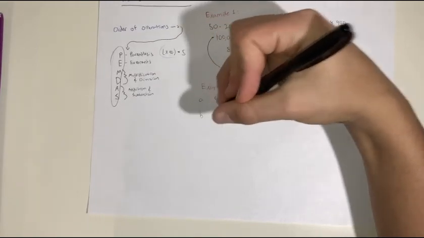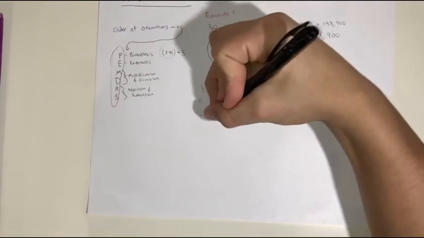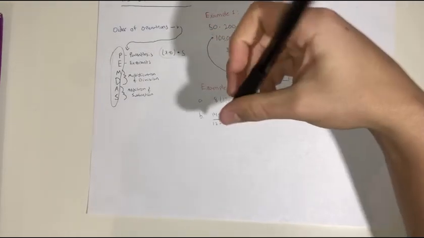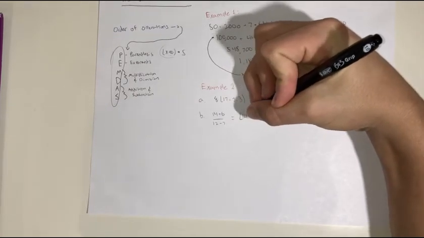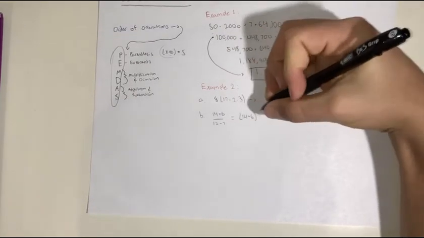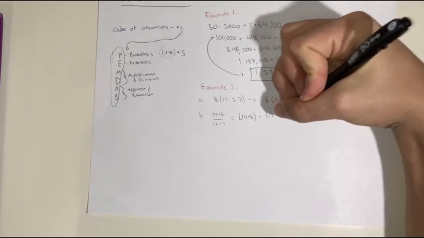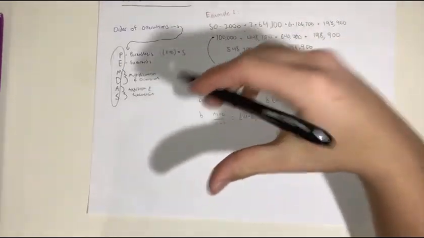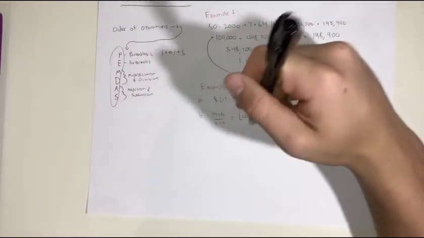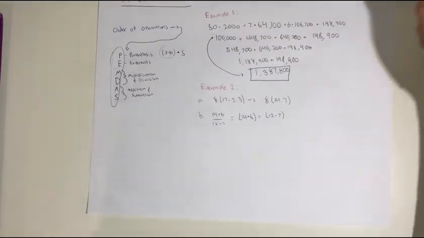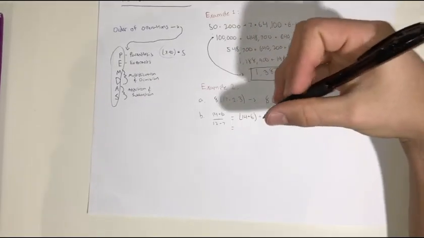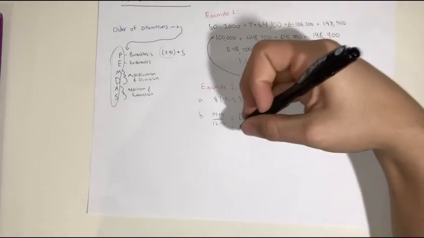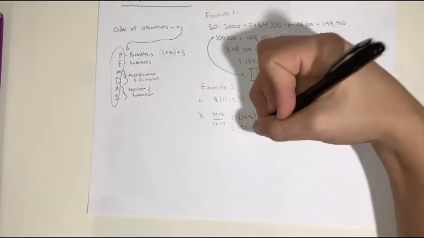If you have 14 plus 6 over 12 minus 7, this would basically be parentheses 14 plus 6 divided by 12 minus 7. It's like the top is a whole parentheses because it's a whole big term divided by a whole other big term. You do the parentheses first, you get 20 divided by 5, and then you do the division, which equals 4.